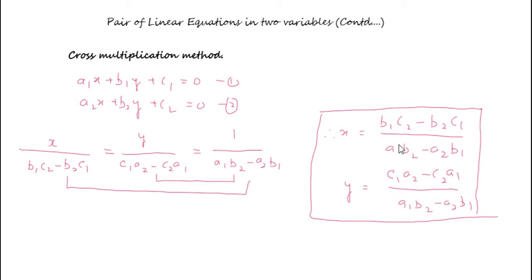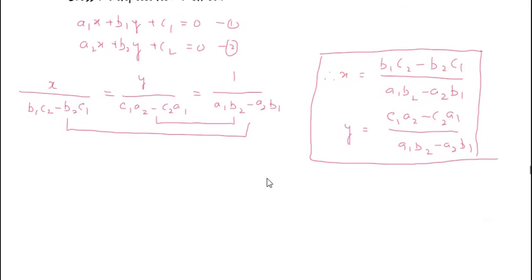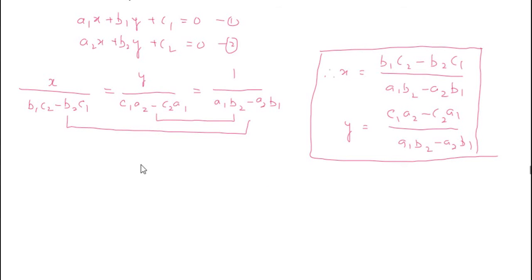Now, how to remember this? It is a little tough. Let us try to make it a little simple. Let us just write x, y, and 1, because once you can write this, I am sure you can write the solution for x and y.